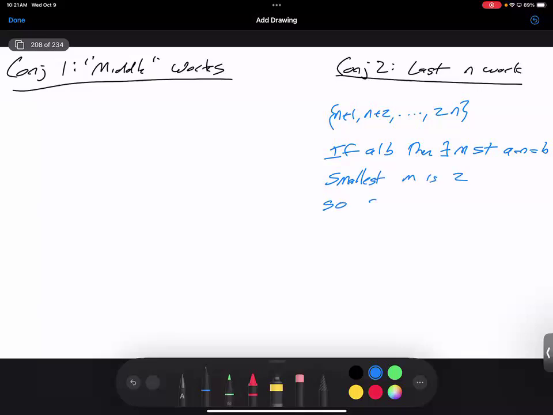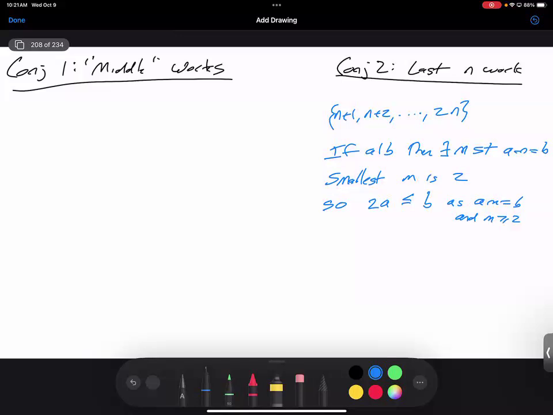So we know 2A, how must that be relative to B? Well, we know that A divides B. So we know 2A has to be less than or equal to B, because AM equals B and M is greater than or equal to 2. So twice A has to be at most B.